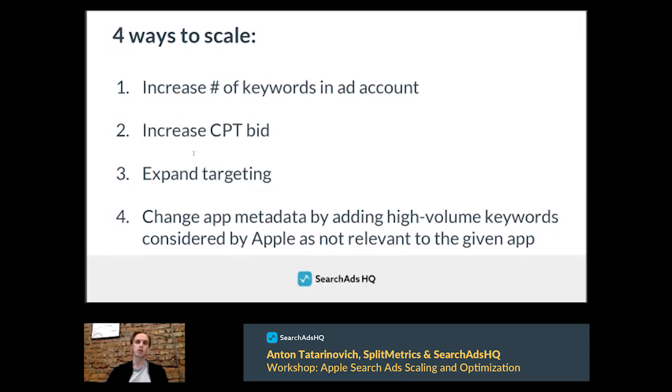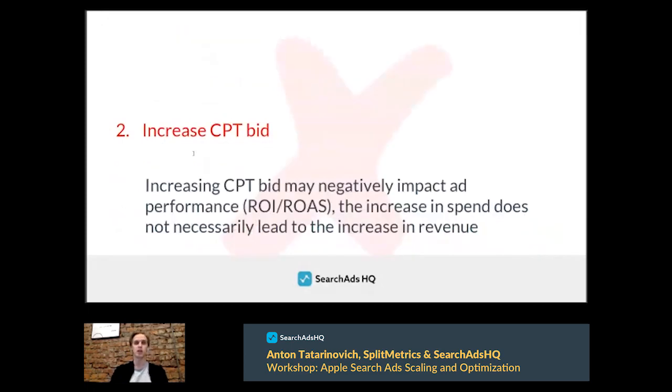For example, if you start with increasing your CPA bid, this may negatively impact your ad performance, ROI, and return on ad spend. And the increase in spend does not necessarily lead to the increase in revenue, because when you grow bids, you start getting more impressions.